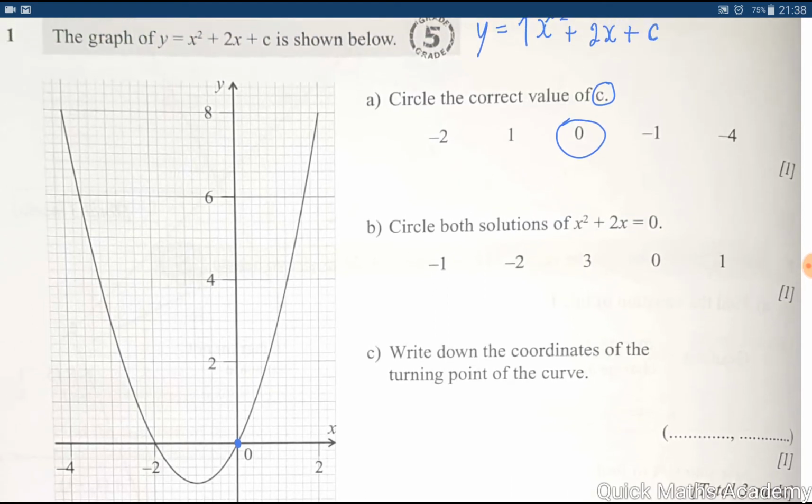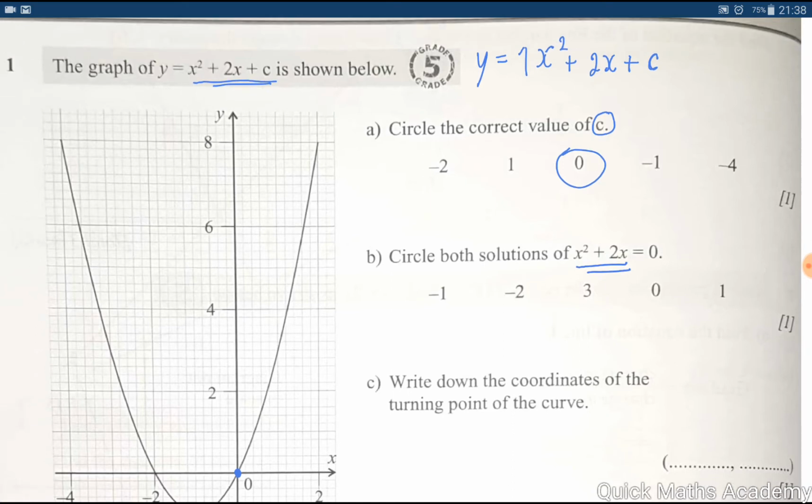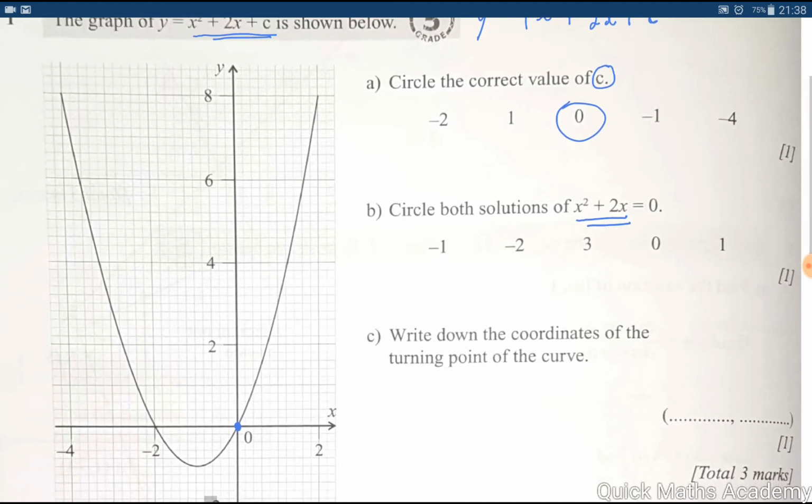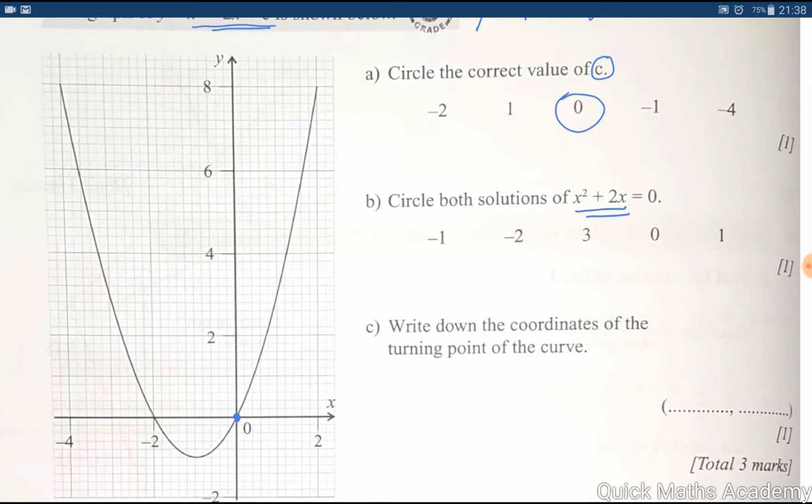So this initial quadratic equation, if our c is 0, is this equation here, because it's 1x squared plus 2x plus c, but c is 0, so we don't have a c. And that means that this graphic actually represents this equation here.